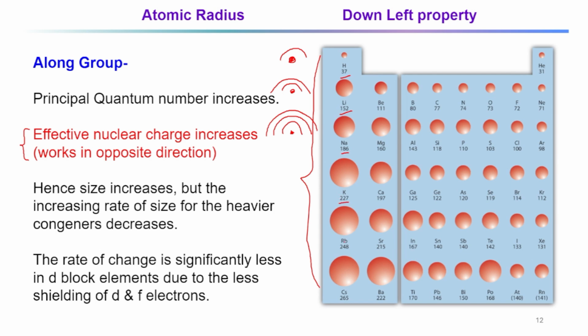Now if you see from 227 to 248, the increase is very less, and again 248 to 265, there is an increase, but the rate of increase is much lesser. So if we subtract this, we can see there is almost 115 picometer change.